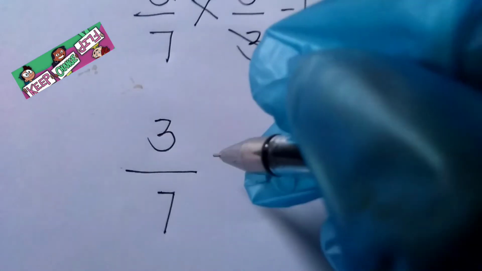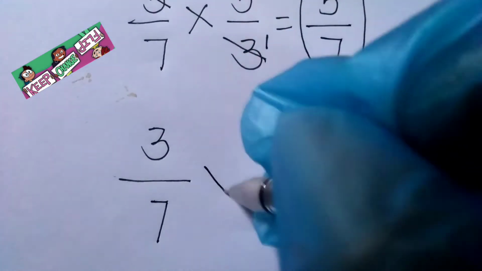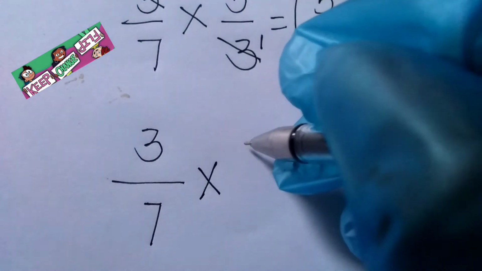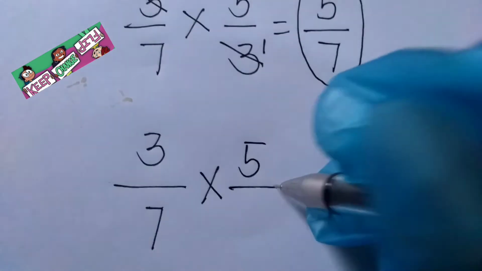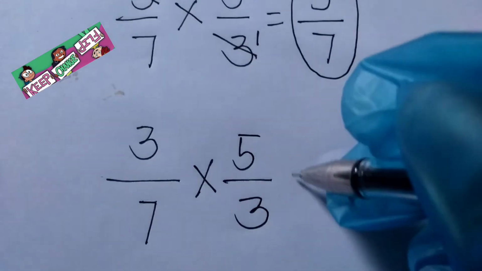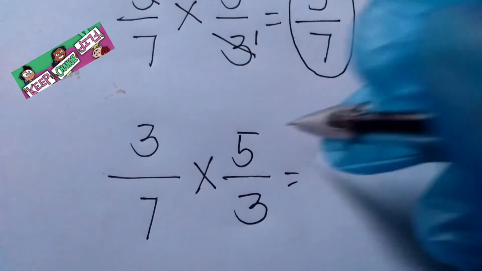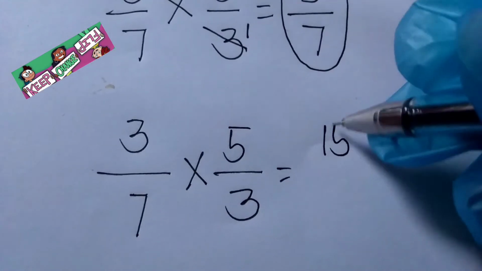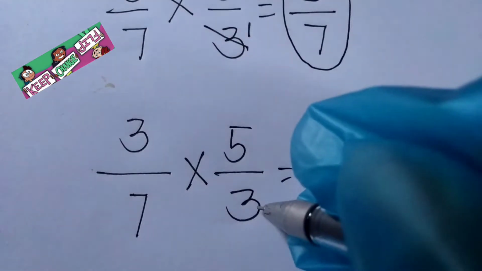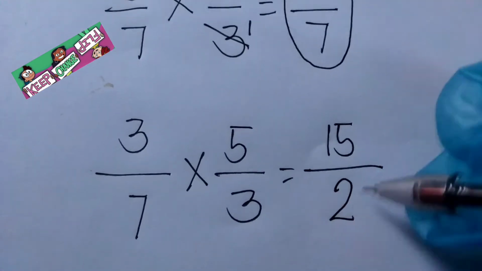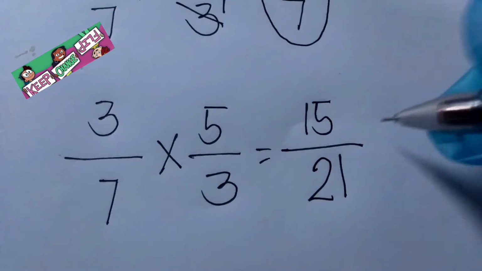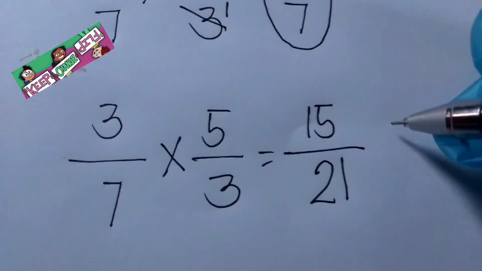We can also solve in this process. We can still get the same answer as the first process by just multiplying the numerators and multiplying also the denominators. But then, it is a longer process than the first process, which is the cancellation method.